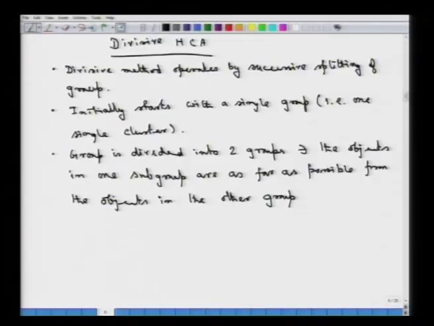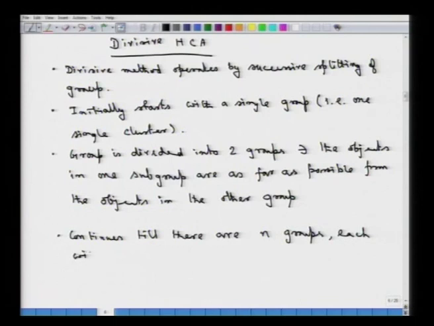So, this process is going to be continued till we have all the objects in individual clusters, till there are n groups of objects, each with a single object. So, that is basically the type of approach followed in a divisive hierarchical cluster analysis method.